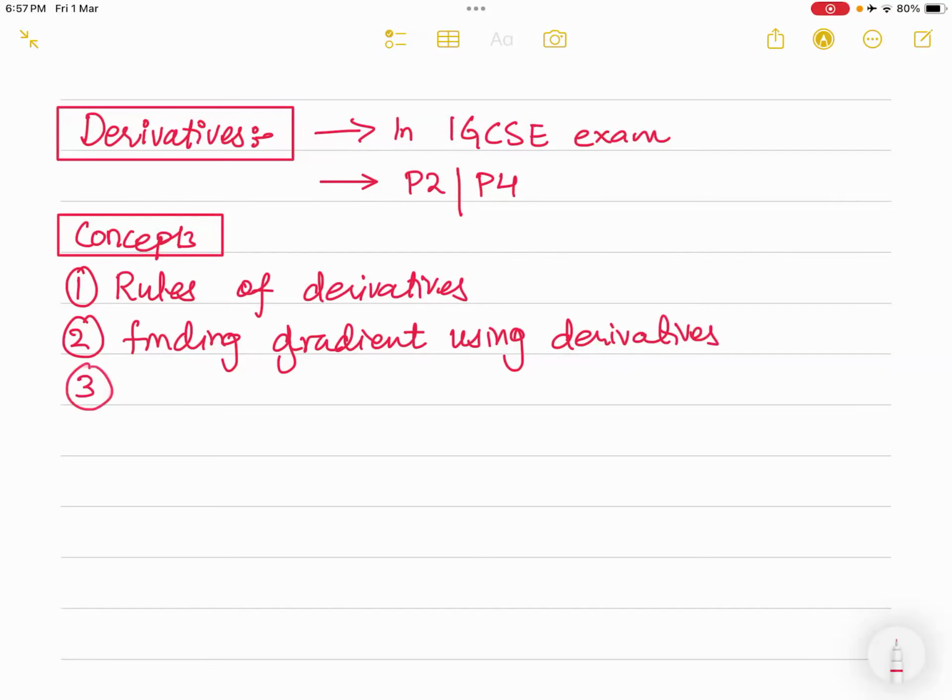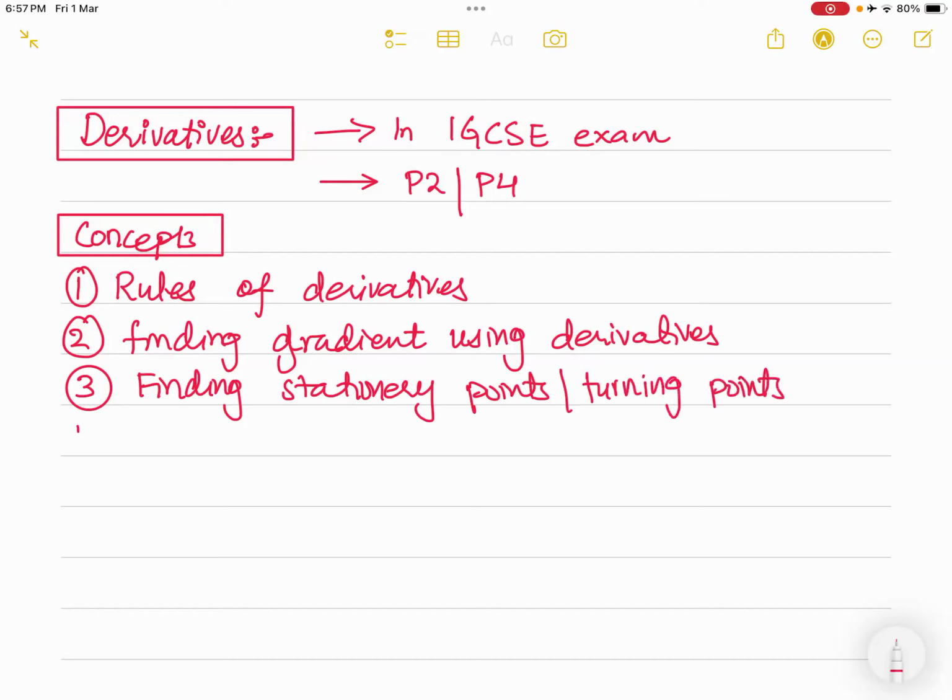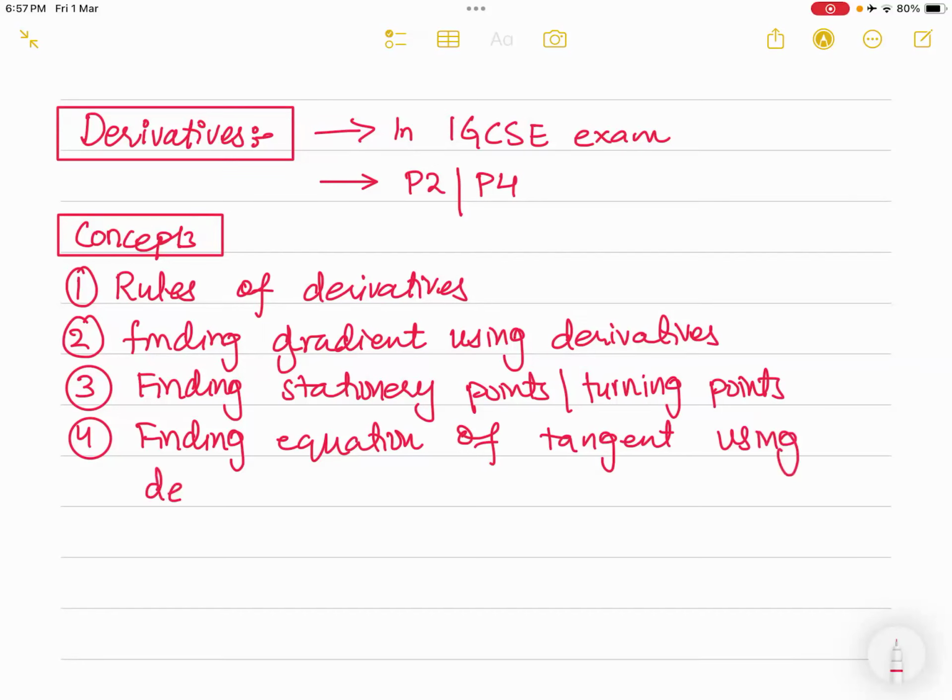Third concept is finding stationary points, stationary points slash turning points. And the fourth concept is finding equation of tangent using derivatives.